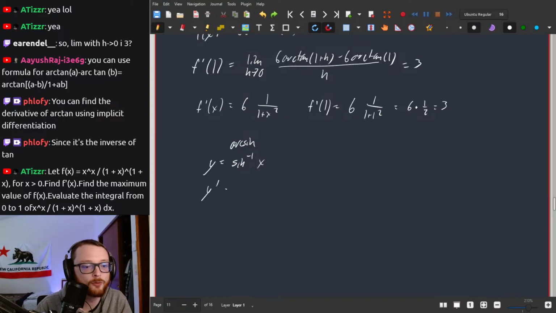So what you would do is say that sine of y equals x, and then take d by dx of each side.